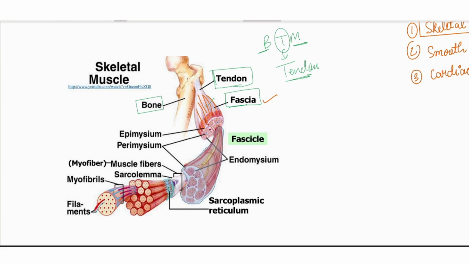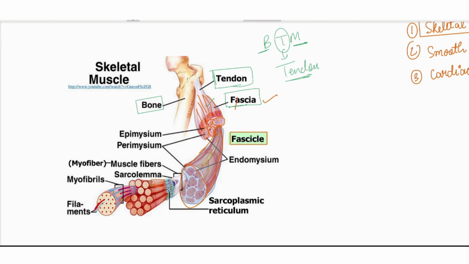So like here one fascia is having a lot of small bundles. One bundle they are showing here in the form of a stretchable area, to show you with the help of the diagram. So here in one fascia there would be many fascicles, right? In one fascia many fascicles are present, and in the fascicle you can get the smallest unit, that is a sarcomere, right?